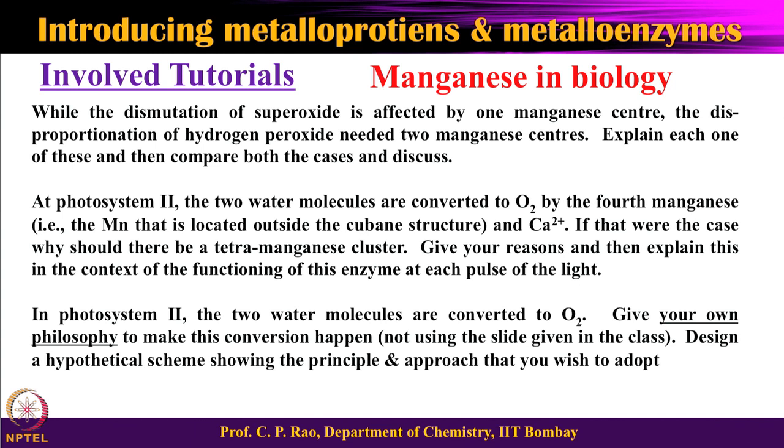And second, for each pulse of light there is a proton and an electron being generated and utilized, and these are very well taken care of when you have the tetranuclear cluster. But the actual reaction occurs between the fourth manganese and the calcium. So, those are the reasons given. Okay, let us see the next question.